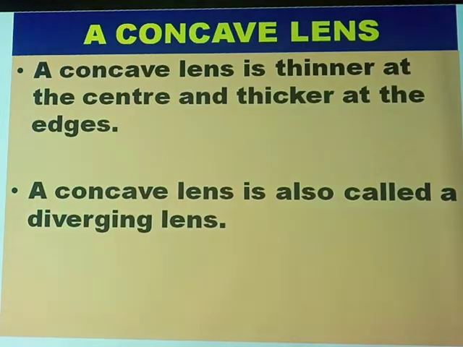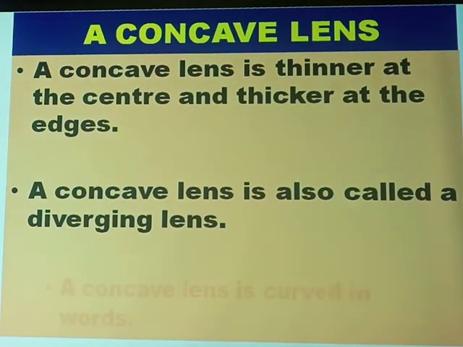If a collimated beam of light falls on a concave lens, it spreads out. If a parallel beam of light falls on a concave lens or passes through a concave lens, it spreads out. Children, have you ever seen a concave lens? Some may have seen, some may have not seen.